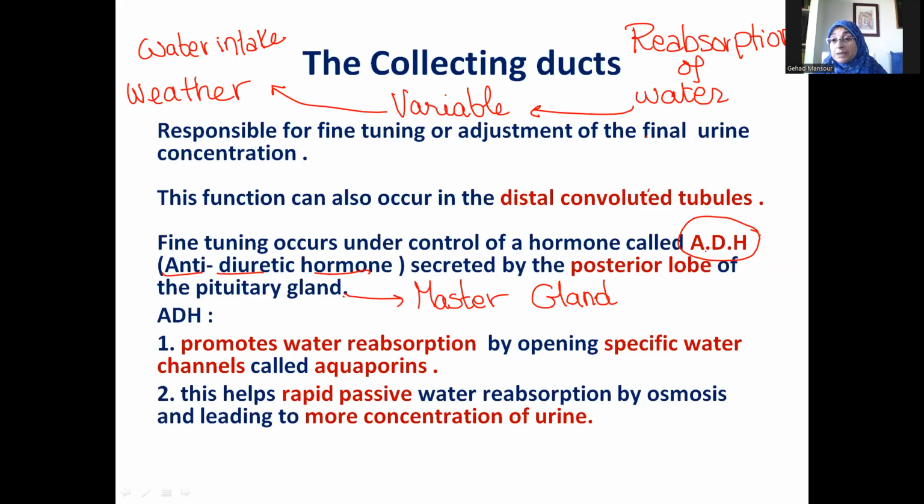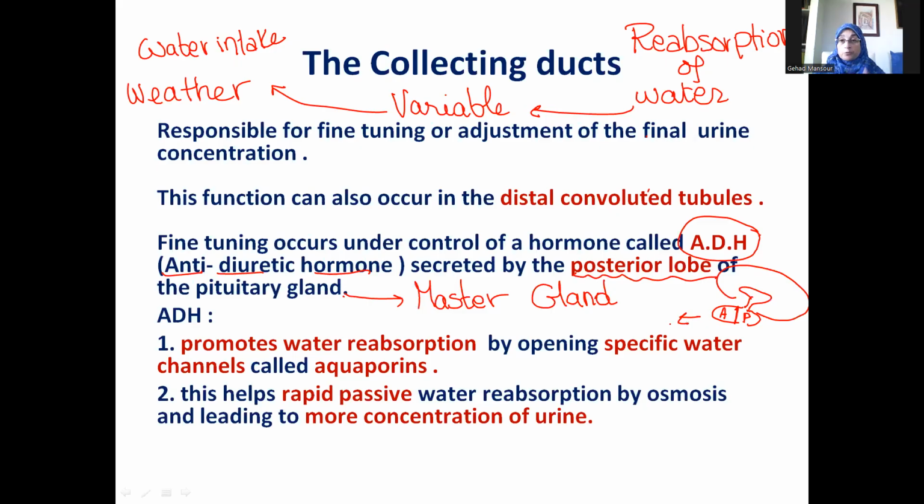Amongst these hormones is the antidiuretic hormone, and it is secreted by the posterior part of the gland, because this master gland that is connected to the brain consists of two lobes.